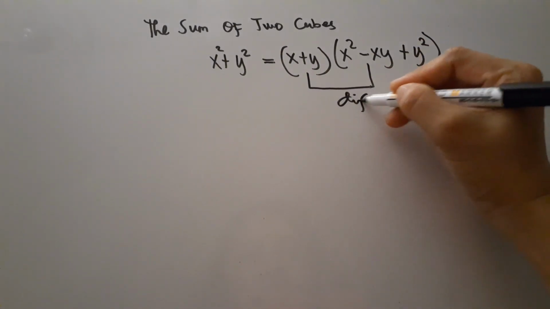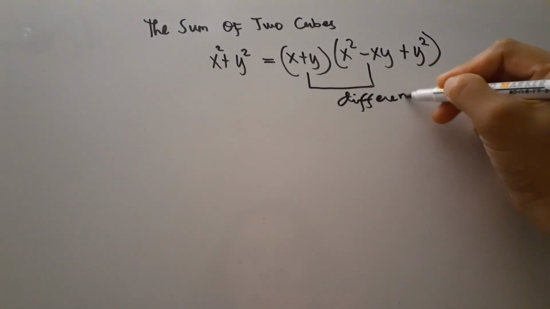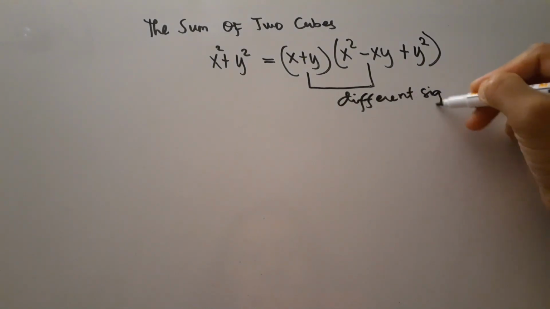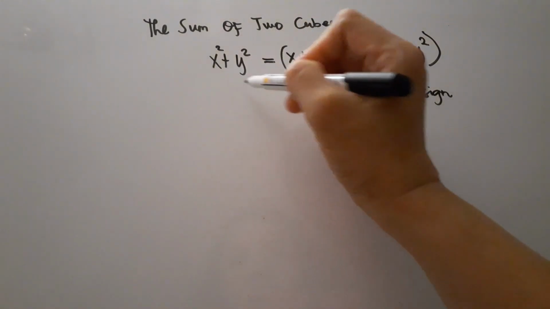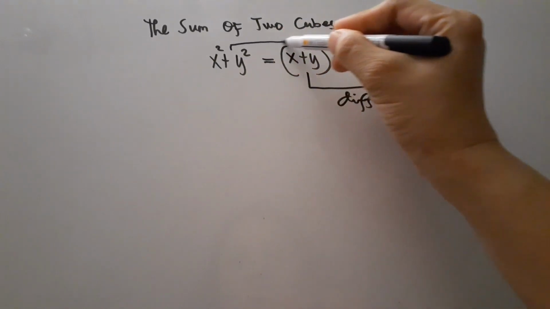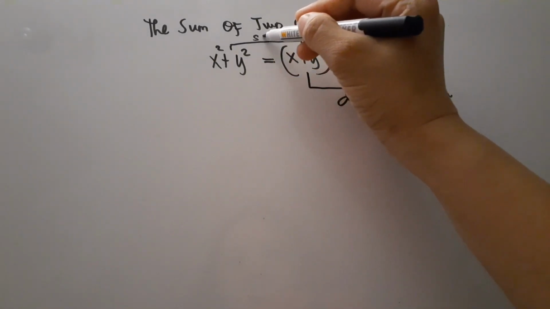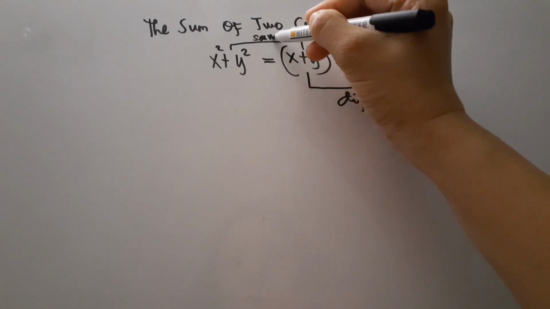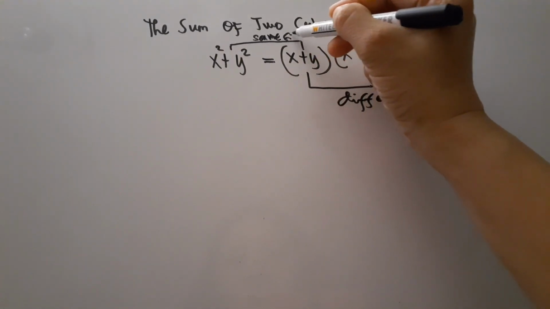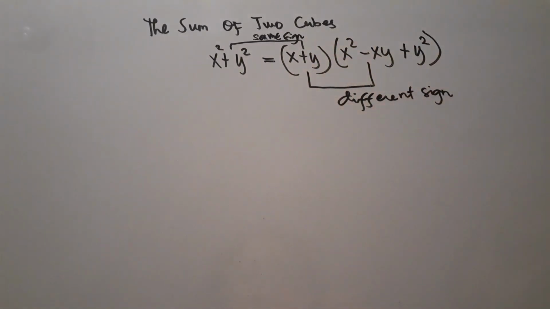We have different signs from the first binomial, and in the trinomial the signs are different. Remember this, you can copy it when you solve the sum of two cubes. Remember the sum is positive.